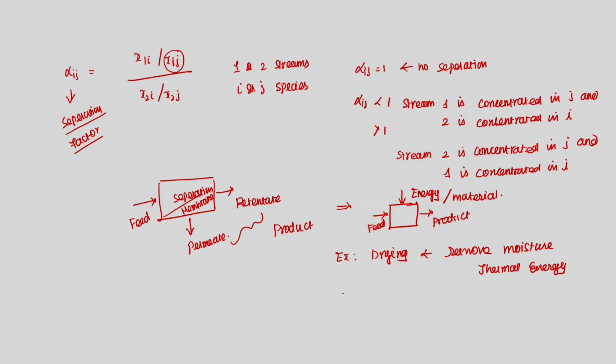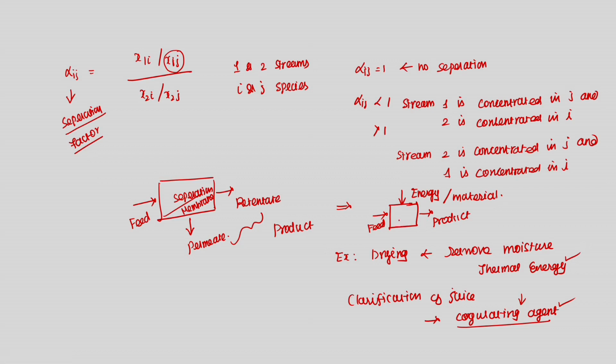Another example in food industries is clarification of juice. For that we use a coagulating agent. It forms coagulation with the undissolved solids, which settle at the bottom, and the clear juice is collected at the top, right. So, here the separation is done using a material. In the drying of food products, the removal of moisture from the feed is done using thermal energy.